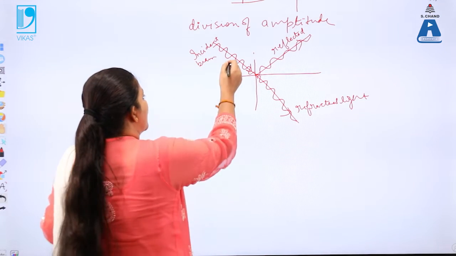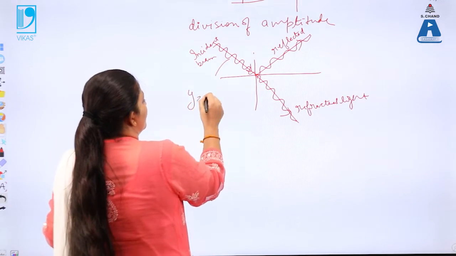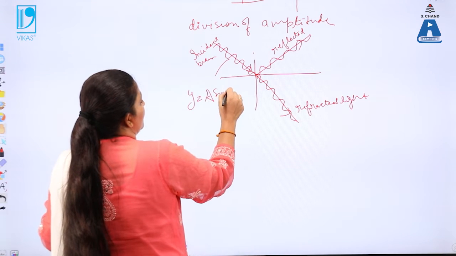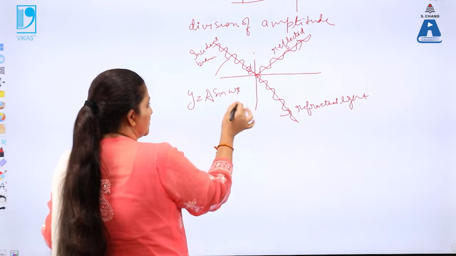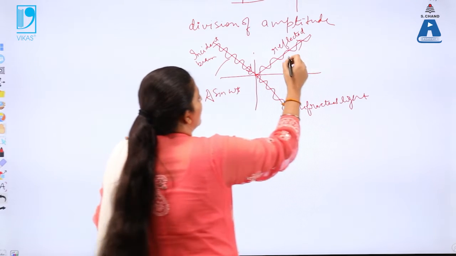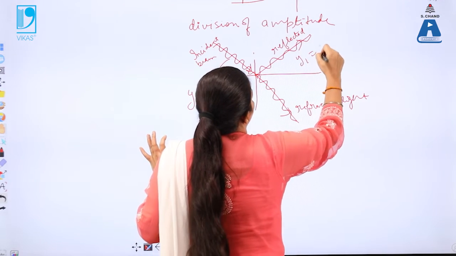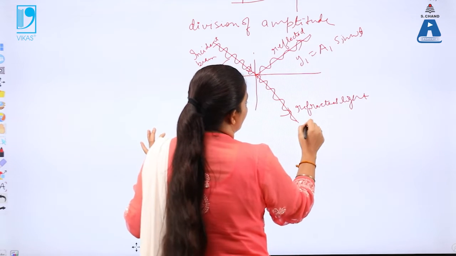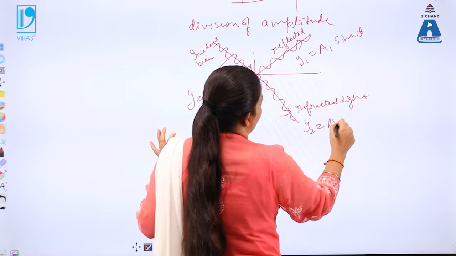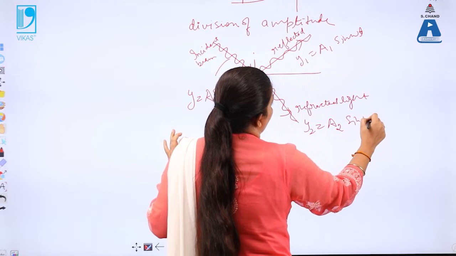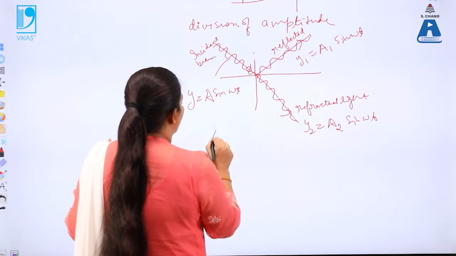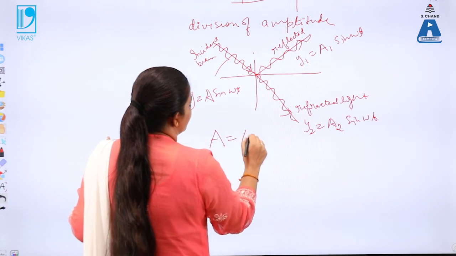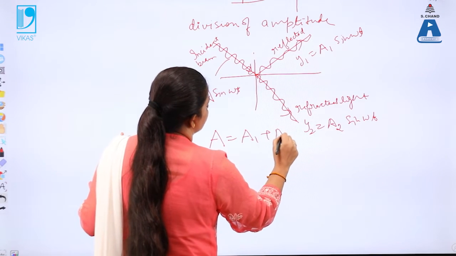If the incident beam is y equals a sine omega t, the reflected beam y1 equals a1 sine omega t, and the refracted beam y2 equals a2 sine omega t. That means the amplitude a is divided into two parts, a1 plus a2.